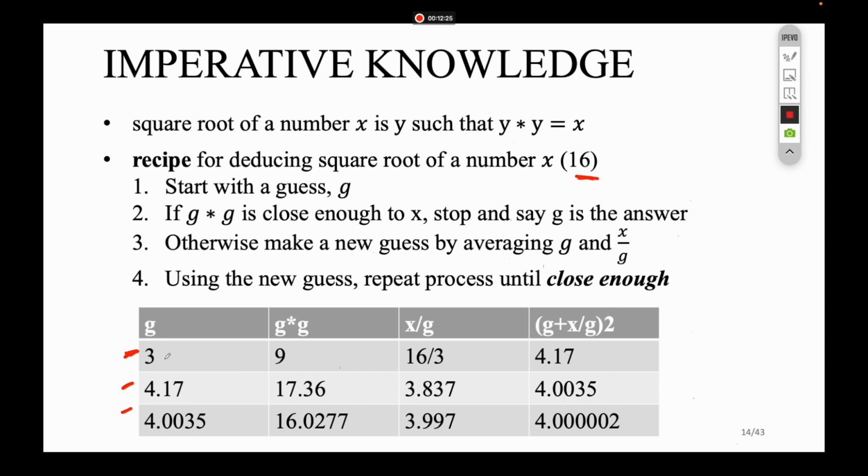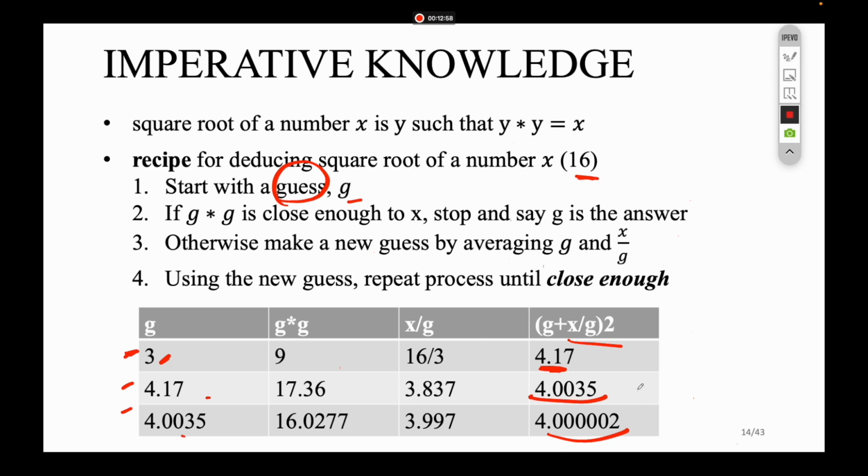At the beginning you have number 3 here, so it's not our answer, so you follow the formula, and you get another guess. All right, so we guess 3 here, and then you repeat this process one more time, you have another guess, and then you repeat it one more time, you have another guess. So you can see it's a step closer to the final answer.